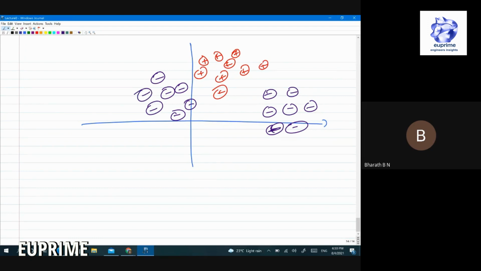What do you do? So the most obvious thing to do, suppose you were looking at this way back in the 1950s, just after Rosenblatt proposed the idea of the neural network. So suppose you were to do the classification here, what is it that you do? Somebody answered curve, right?